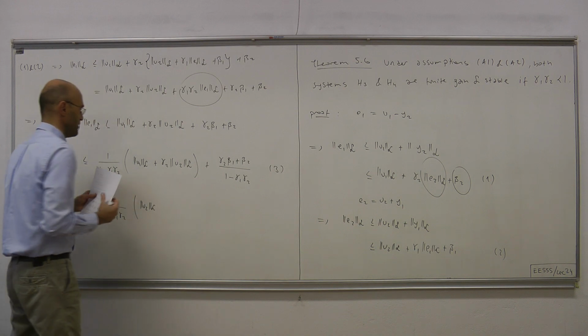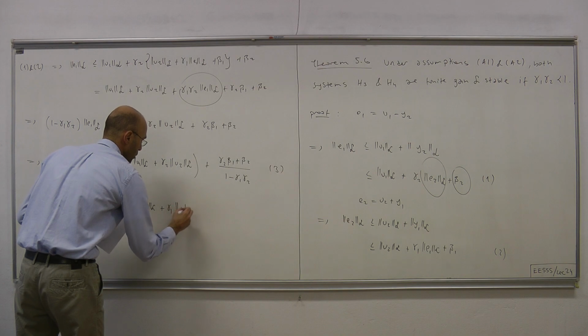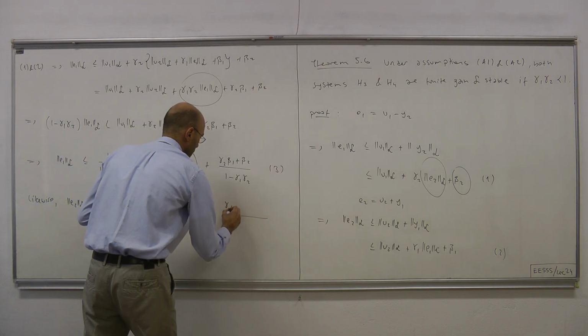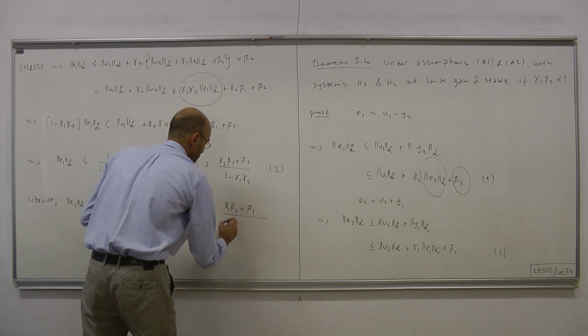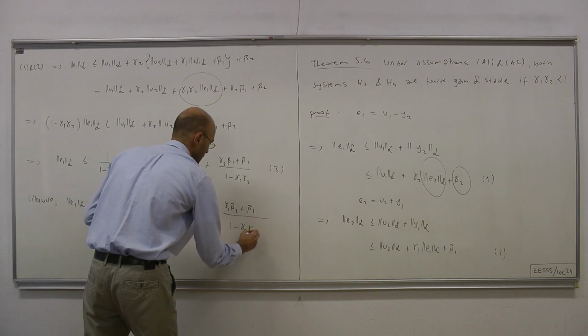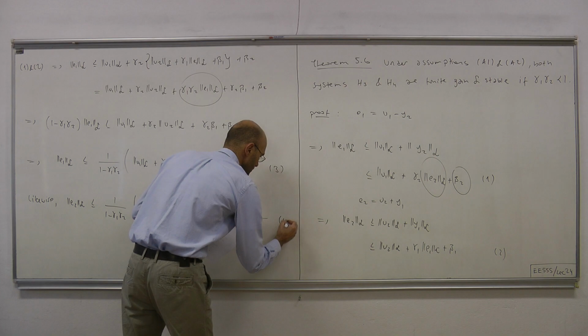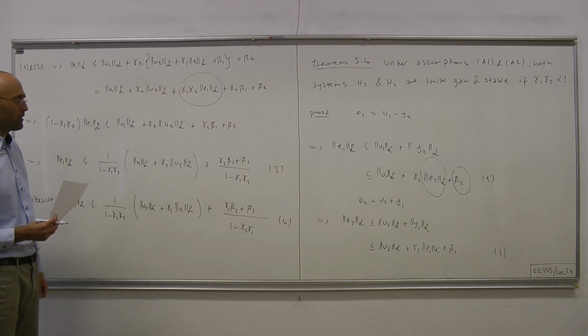Now we swap the indices: gamma 1 U1 L plus gamma 1 beta 2 plus beta 1 minus gamma 2 gamma 1. And let's call this inequality 4. And basically, we're almost done.